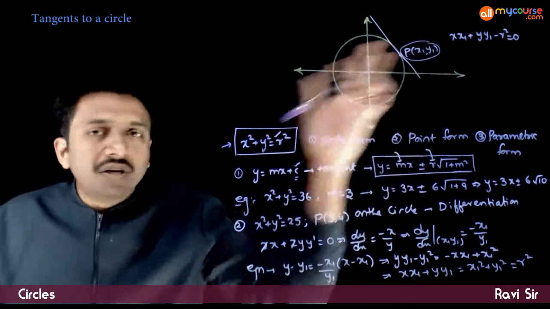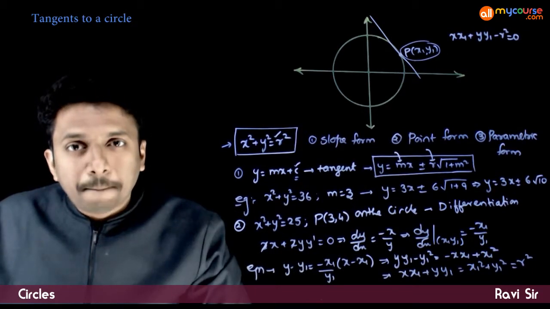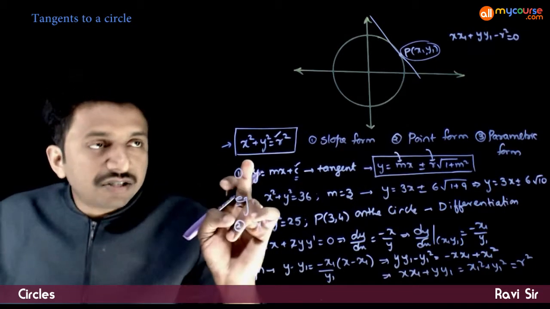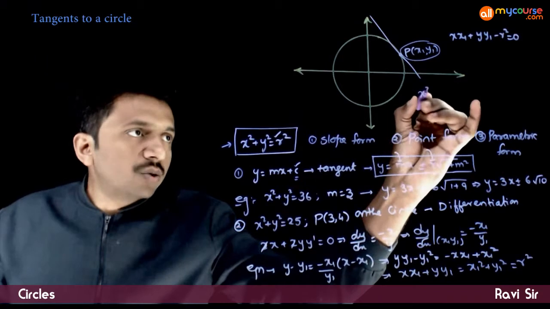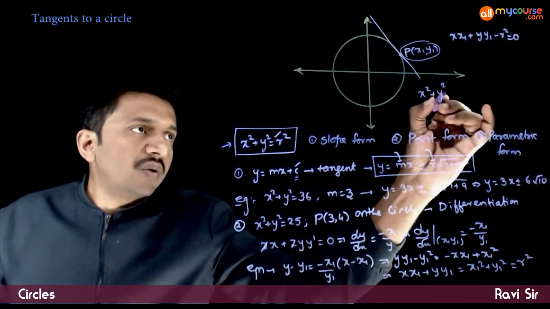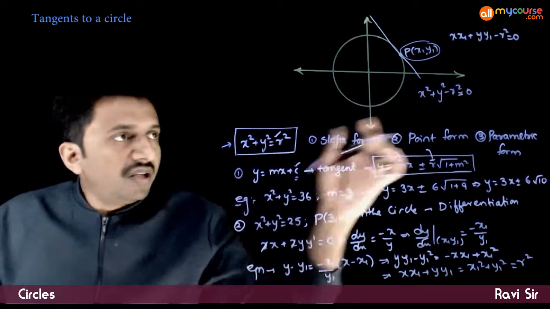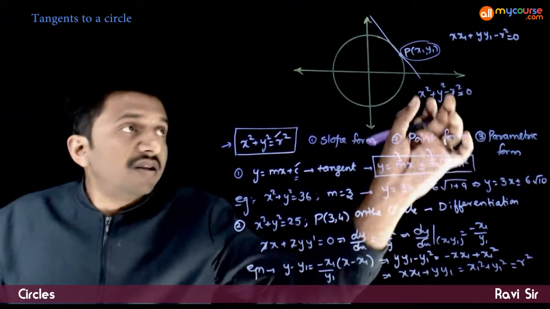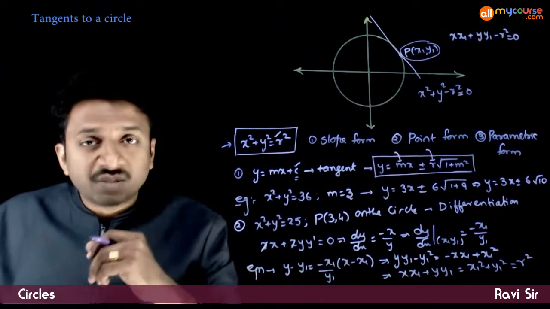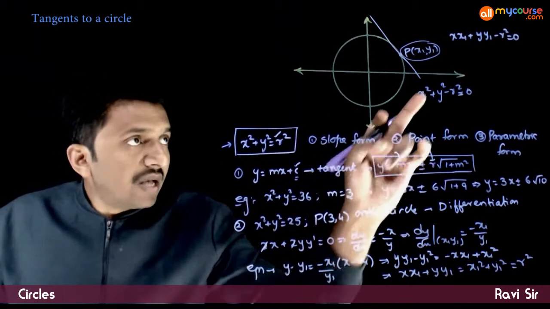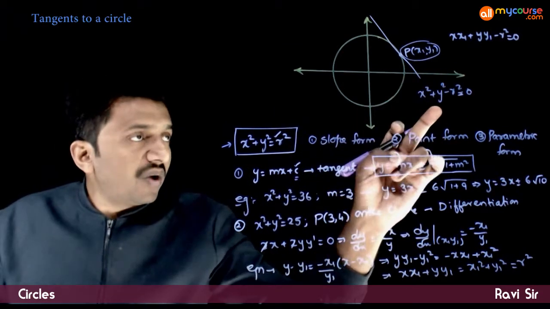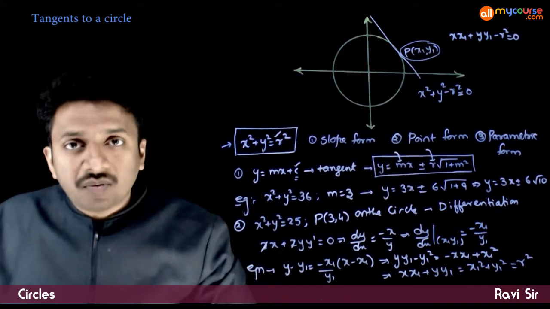Does this equation look familiar to you? The equation of the curve is x square plus y square minus r square is equal to 0. If you take this as S, what does this expression become? x square is replaced by x x1, y square is replaced by y y1.